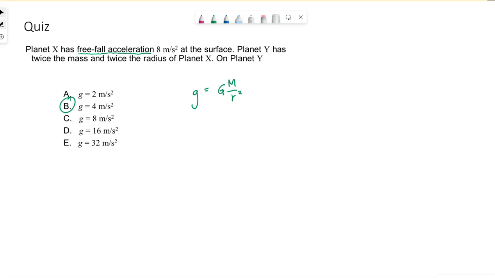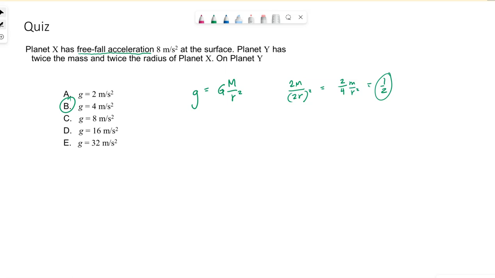So here, our new planet has twice the mass and twice the radius, which needs to be squared. So we end up with 2m over r squared, 2/4. So we end up with 1/2 of the original g.